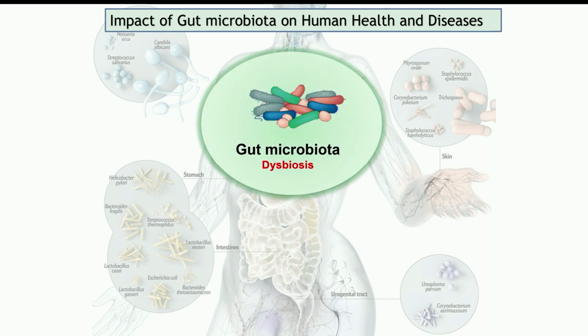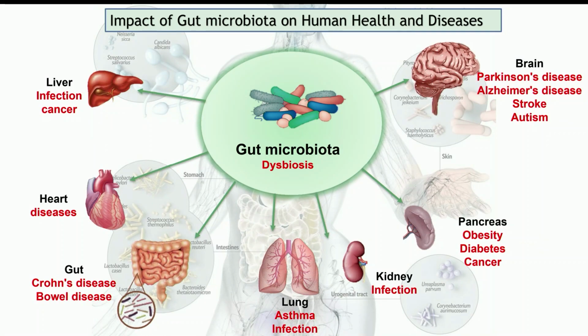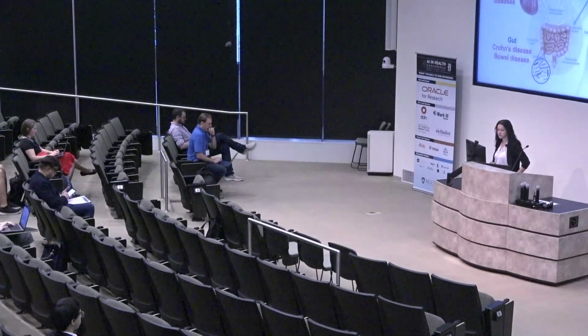You know that not always do cancers have a genetic component, so there are environmental components, and gut microbiome dysbiosis can have an important impact. We know that, for example, liver infection, liver cancer, heart disease, asthma, infection, obesity, diabetes, all these diseases have a link with gut microbiome dysbiosis.